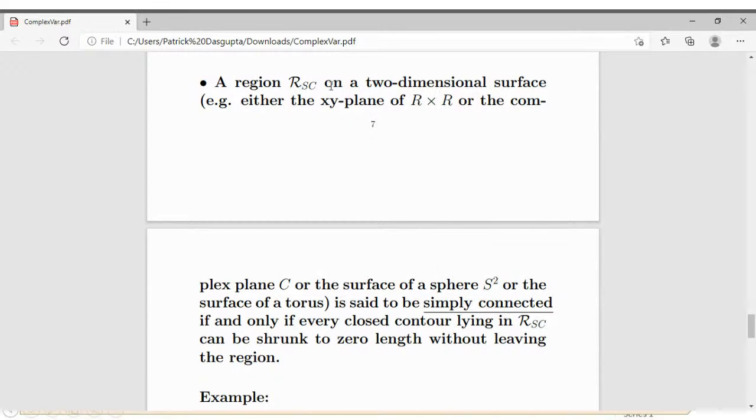and this region R of S is said to be simply connected if and only if every possible closed contour lying within this given region R of S can be shrunk continuously to zero length without ever leaving the region R of S. So remember that region R of S is said to be simply connected if and only if, you give me any closed contour lying in this region, it can be continuously shrunk to zero length without ever leaving the region.